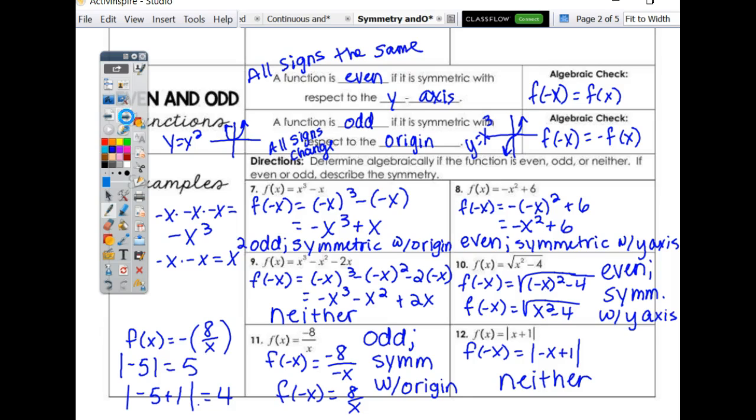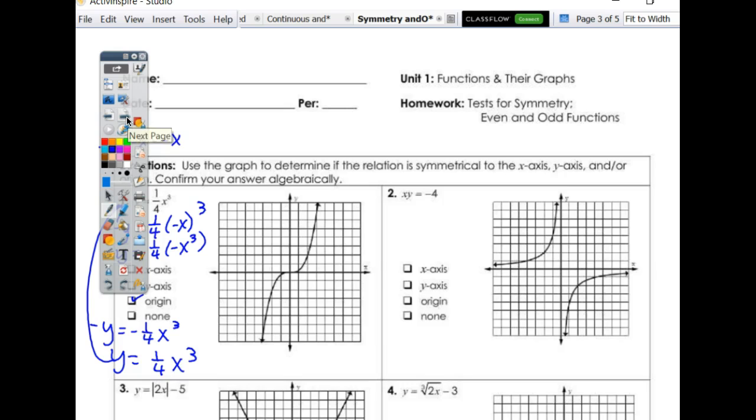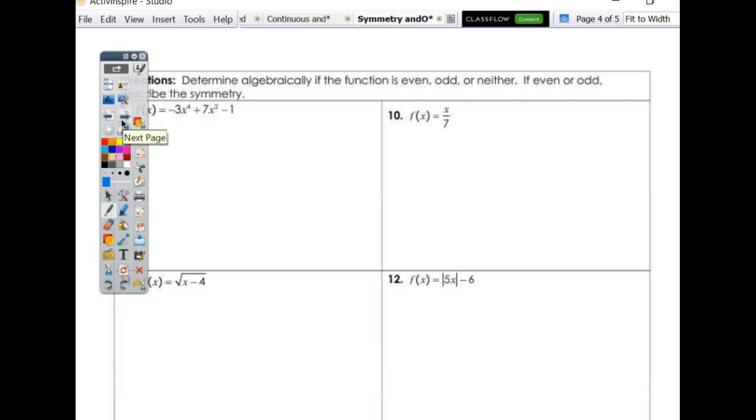Okay, so on the back of your homework, I want to work one with you. So look at number 10. If I substitute in my negative x into the function, is this the same or different?